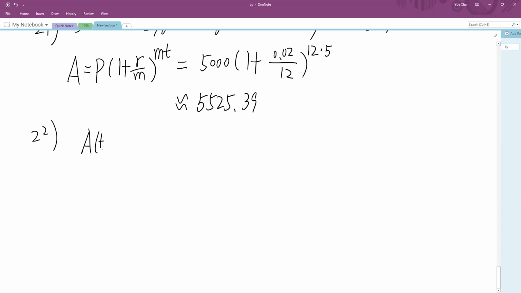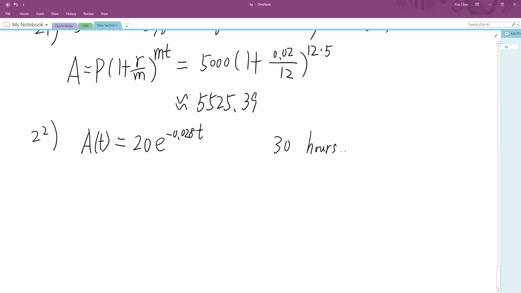A of T means the remains after time T. It is 20 times e to the negative 0.028 T. This formula is given, it is the decay formula, and T is in hours. How many grams remain after 30 hours?